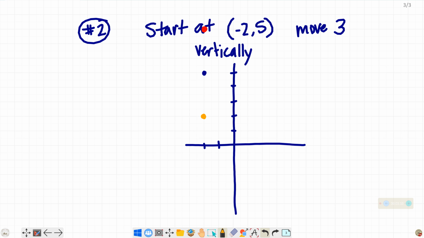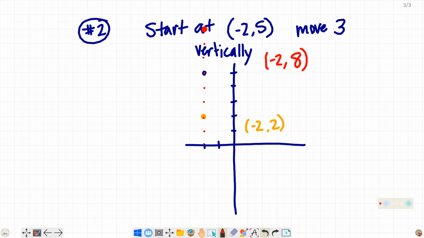This orange point is where we would end up if we moved down. It is 2 to the left, so -2, and it is 2 up, which is a +2. The red point is also 2 to the left, and it is 8 up, so it has the coordinates (-2, 8).